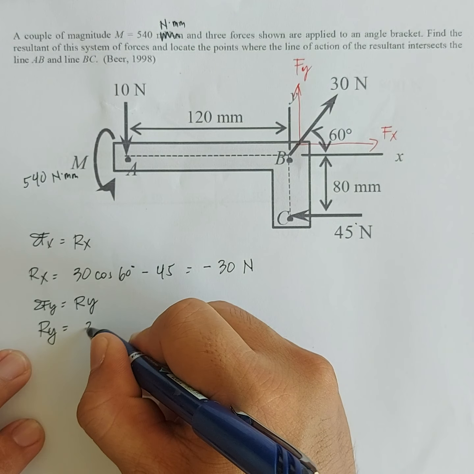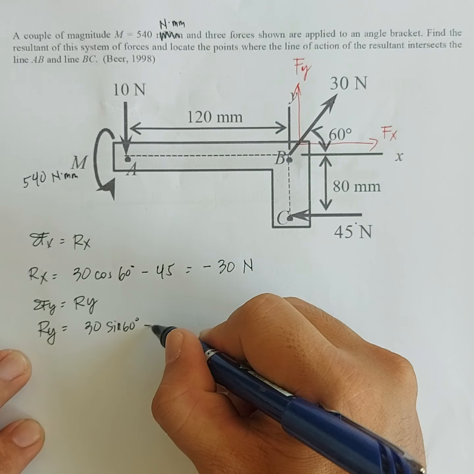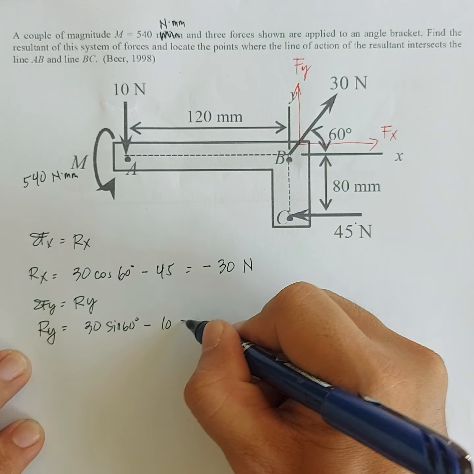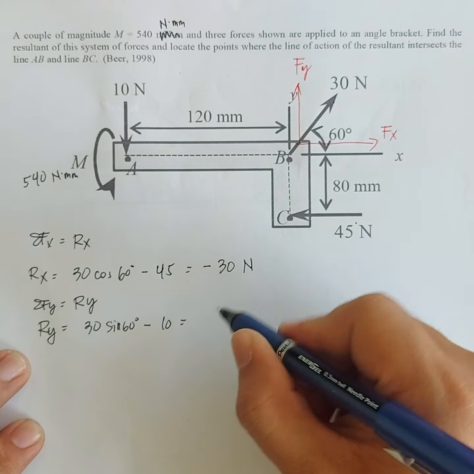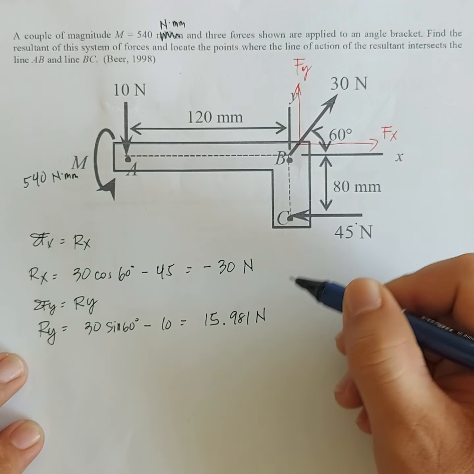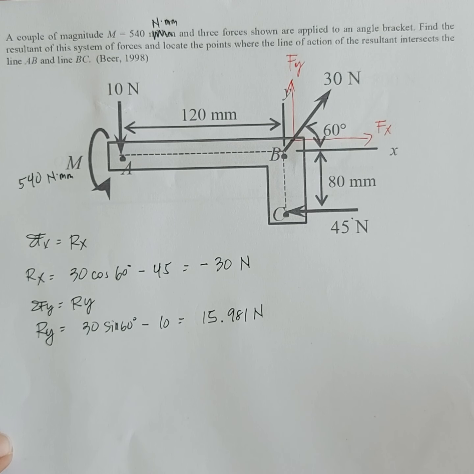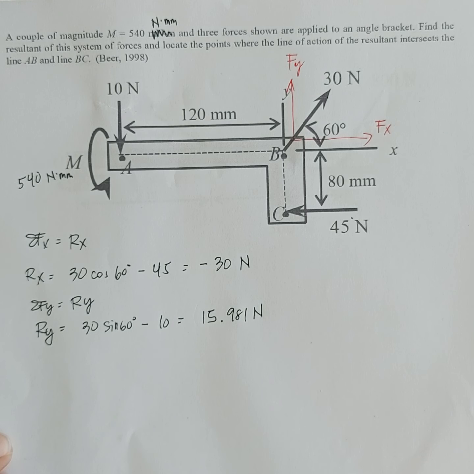So we have 30 sine of 60 minus, since downwards, minus 10. That is equivalent to 15.981 Newtons. So that is the vertical component of the resultant force.